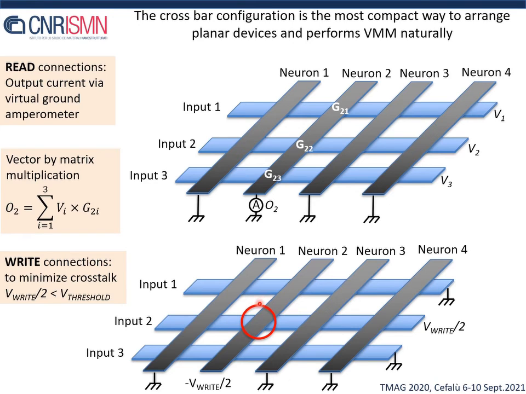In order to reduce crosstalk between synapses, half the voltage is applied to the top electrode and the other half is applied to the bottom one, so that only the selected device feels the full voltage pulse, while the remaining ones are only subjected to half the applied voltage. Crucially, the half voltage is smaller than the threshold voltage, so that only the selected synapse is affected by the voltage pulse, while all the remaining ones are left unchanged.